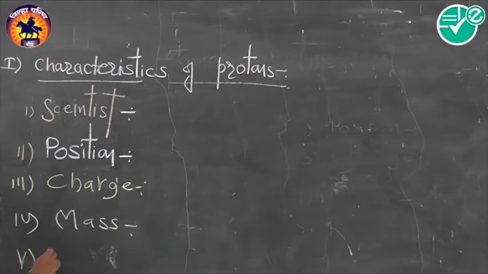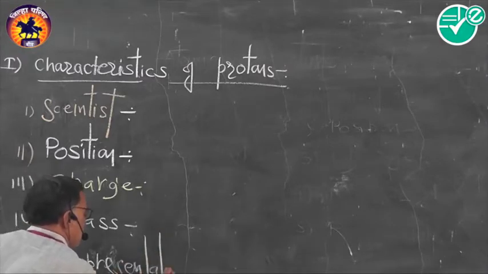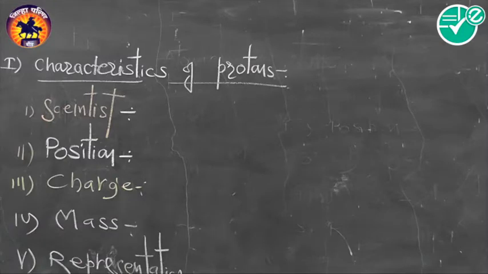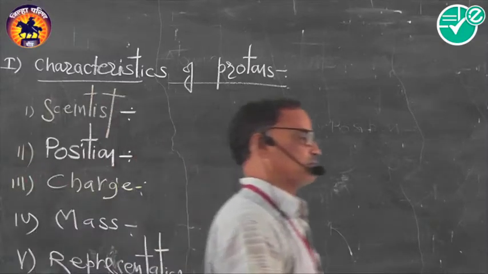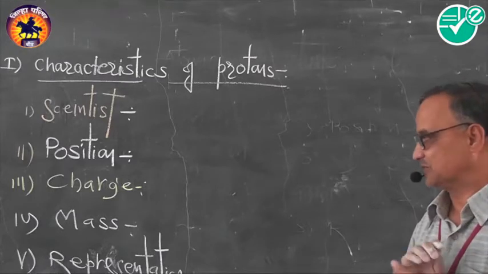And fifth, representation. So these are the 5 important points which give the correct information about the characteristics of protons, neutrons, and electrons.